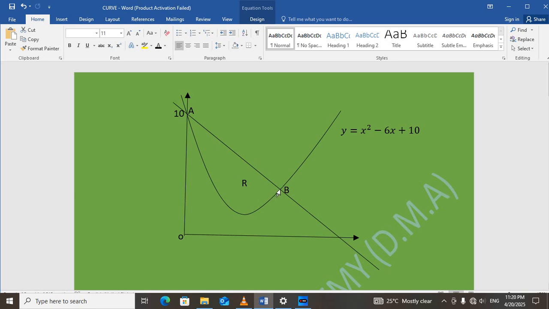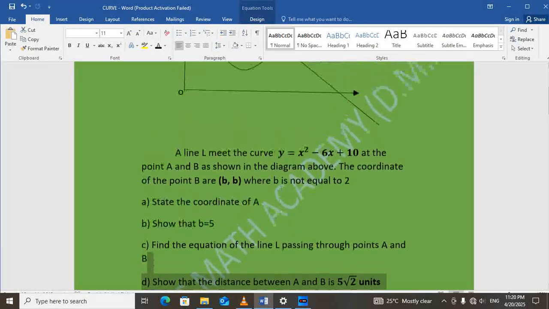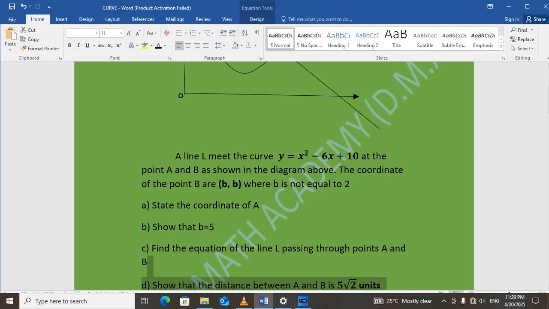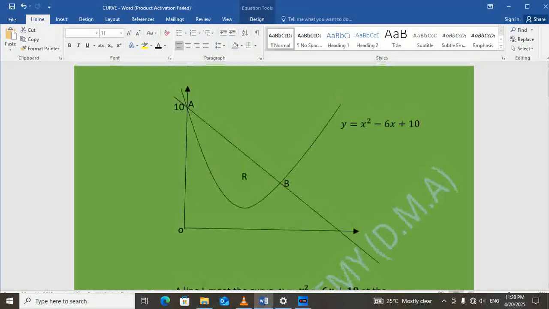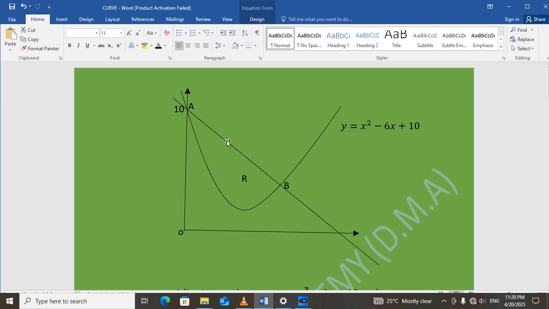Do you see now? Now the next question says, find the equation of the line L passing through the points A and B. We are required to look for the equation of the line passing through the points A and B.